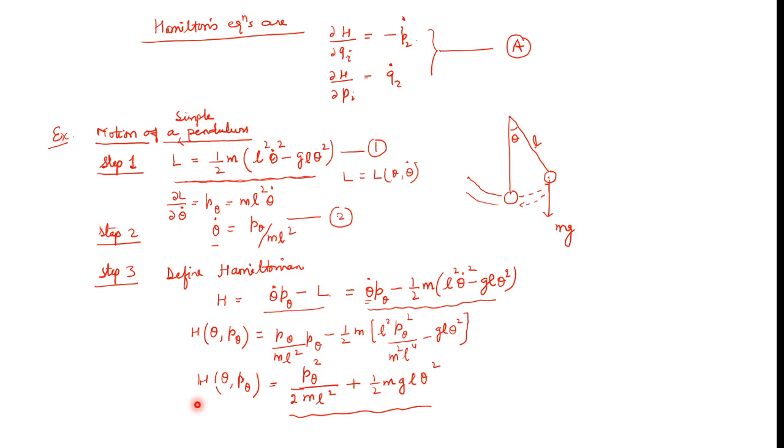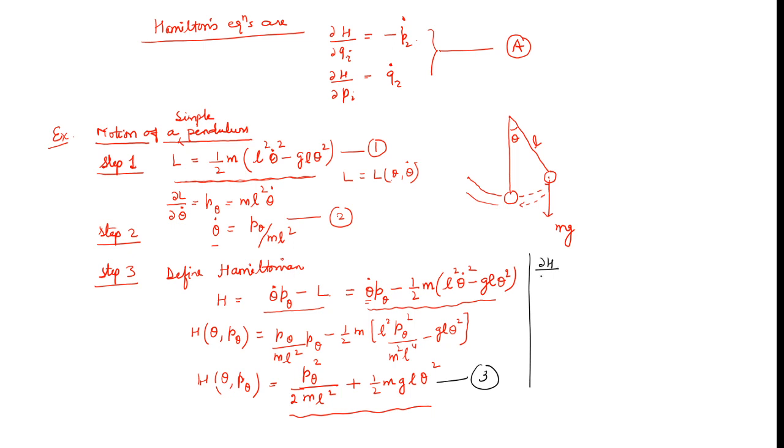Now we'll use these equations of motion. For these we need the derivative of H with respect to generalized coordinate, and then the derivative of H with respect to corresponding momentum. So I'll find these expressions from 3.